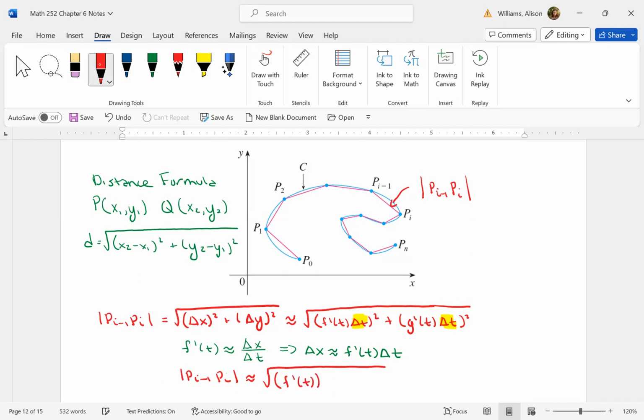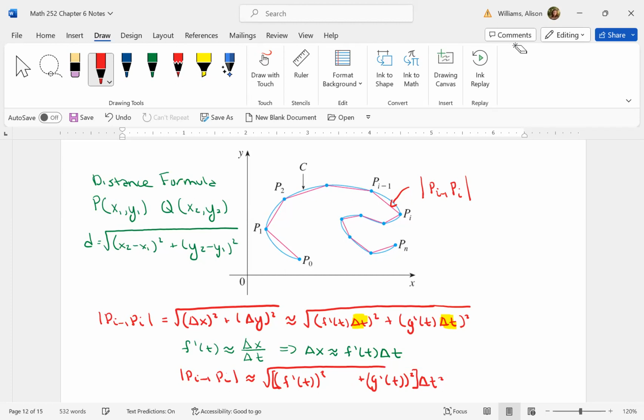So if I write f prime of t squared times delta t squared plus g prime of t squared times delta t squared, they both have a delta t squared in common. Just because of space, I'm going to factor that delta t squared out and then take the square root, so it actually comes out of the square root.